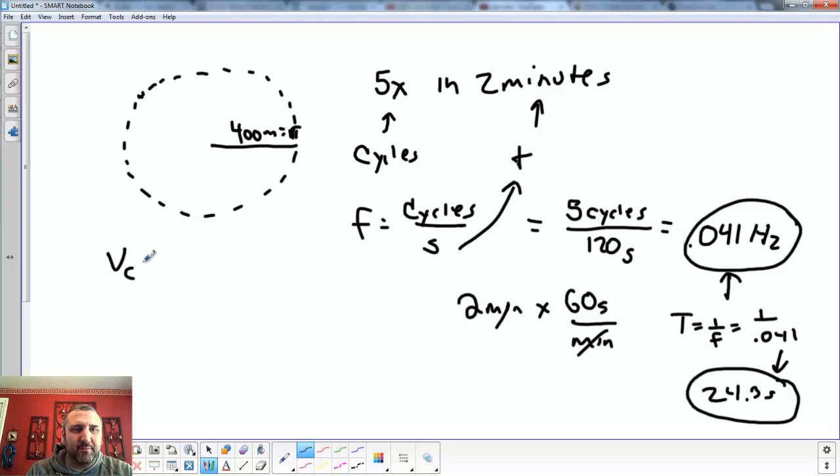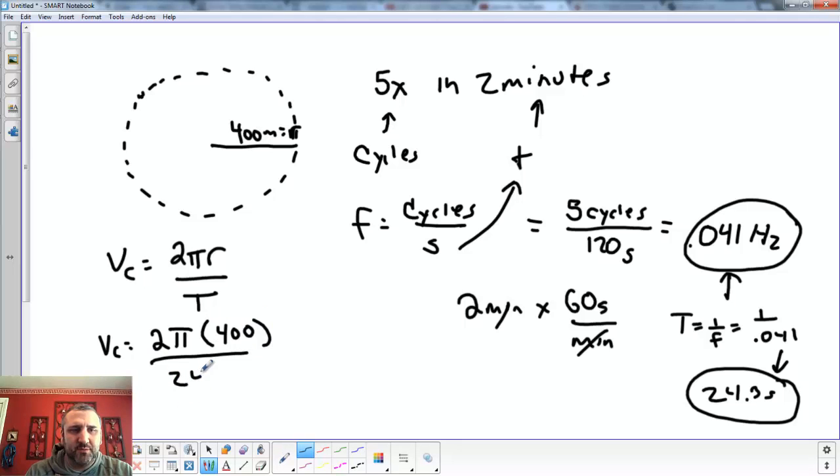Now I can figure out my centripetal velocity as 2 pi r over T. v_c equals 2 pi times the radius, which is 400, over 24.3 seconds, in meters. 2 times 3.14 times 400, divided by 24.3, is about 103 meters per second.